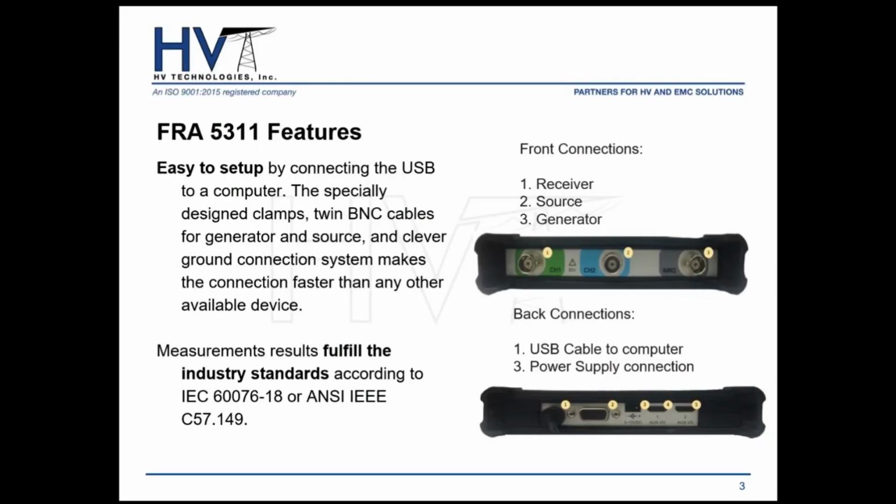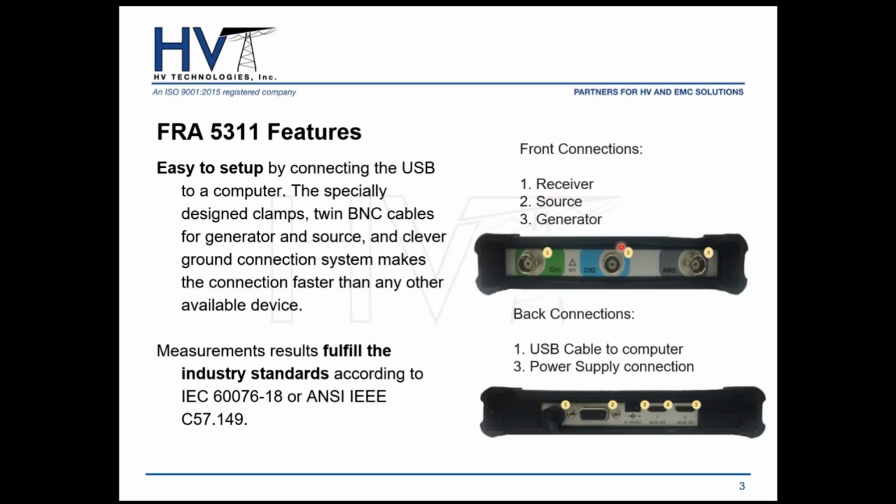One of the great things that I like about the 5311 is it's just so easy to connect and set up. All you need is a laptop computer and your FRA. You connect it via USB to your computer. We have 2 sets of cables. One is a twin BNC cable that connects your generator and your source, and then a single BNC cable that connects to your receiver.